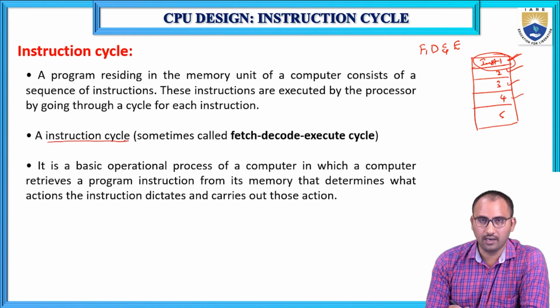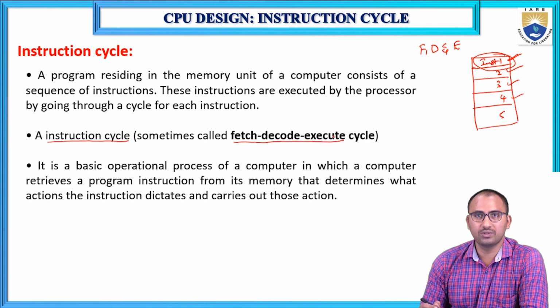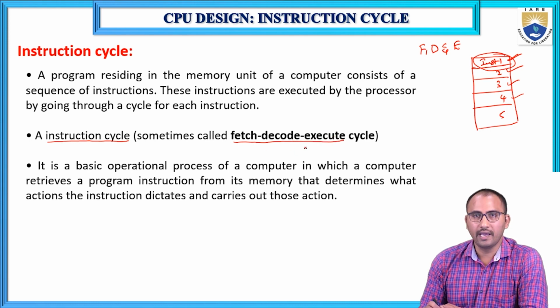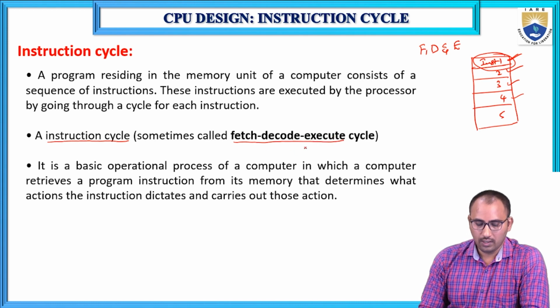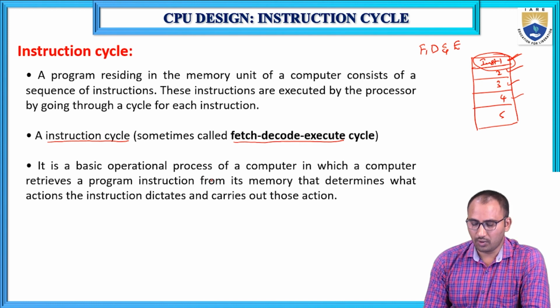We can also call it the fetch, decode, execute cycle. It is the basic operational process of a computer, in which a computer retrieves a program instruction from the memory, determines what actions the instruction dictates, and carries out those actions.